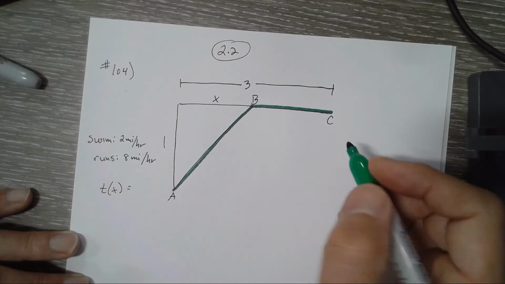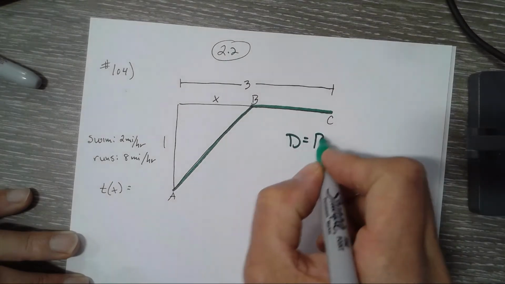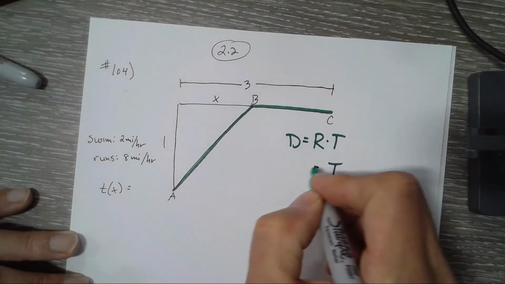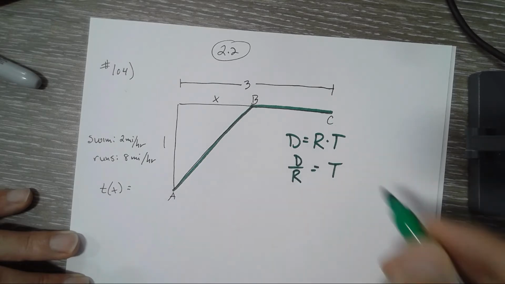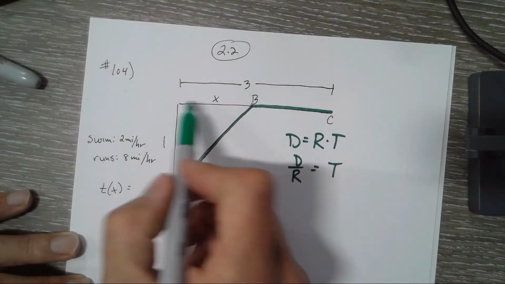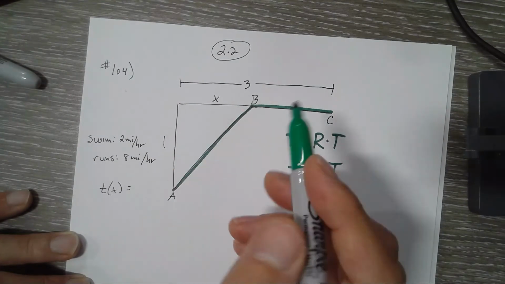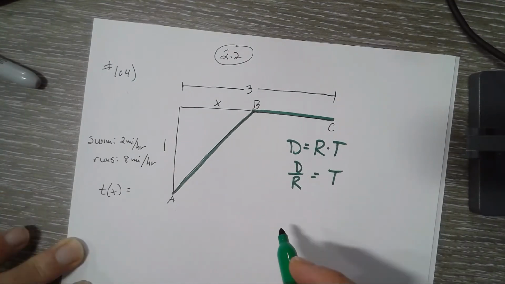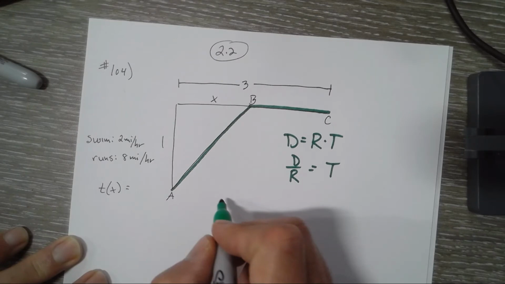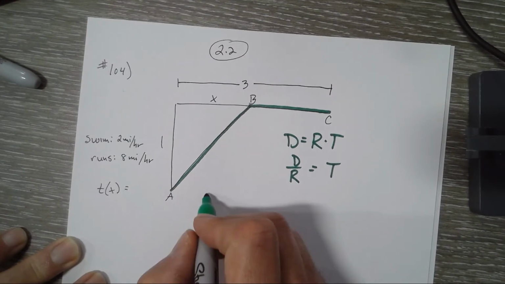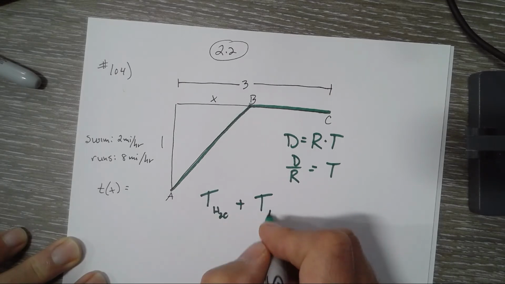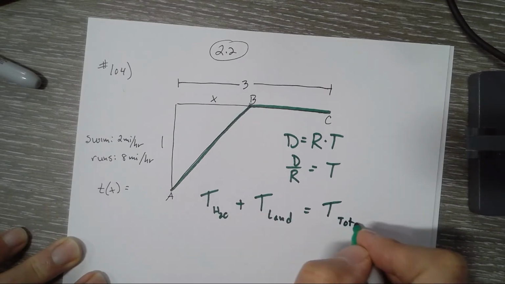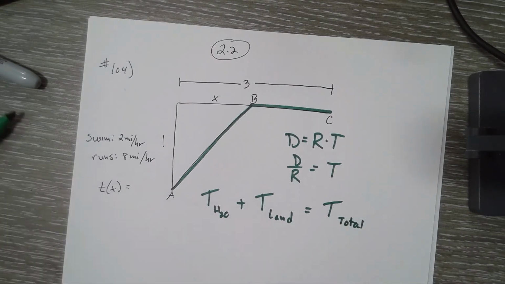Okay, so we know that distance equals rate times time. So time equals distance over rate. This already is a distance. That's a distance. We want to figure out, well, the time in the water plus the time on land is equal to the time total. So if we add those two together, we have a time function.